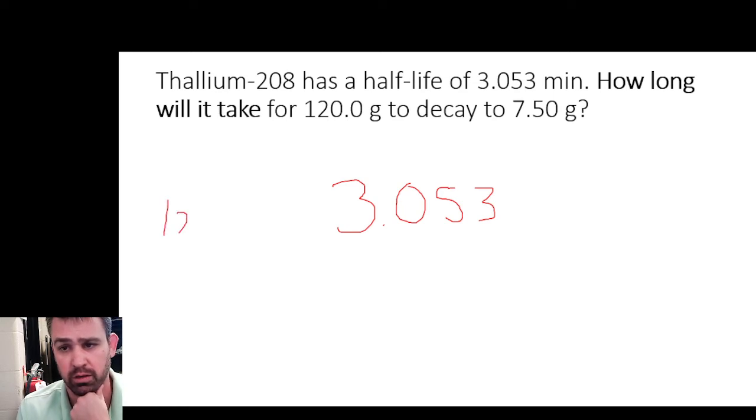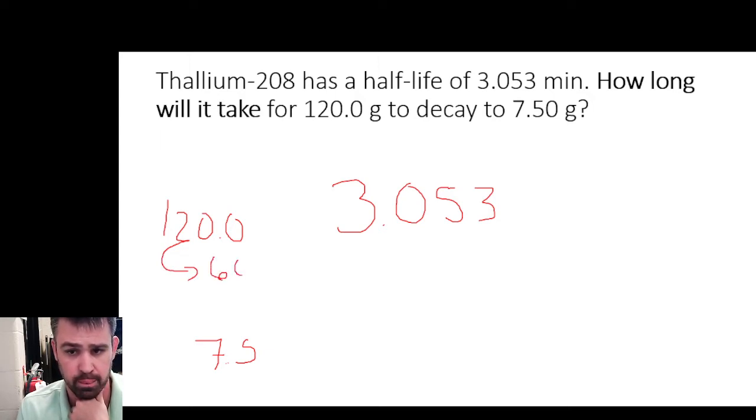So if I start with this amount and I eventually get to this amount, it takes this amount of time. How long will it take? Well, how many half-lives did we go through to get to 7.5? If I take 120 and divide it by 2, I get 60.